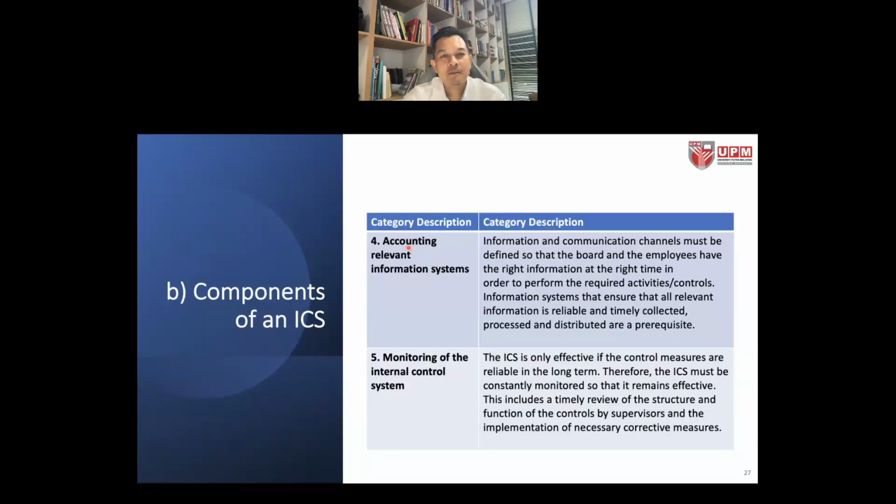And then number 4 and number 5, which is the accounting relevant information system. Information and communication channels must be defined so that the board of directors and the employees have the right information at the right time in order to perform the required activities and control.